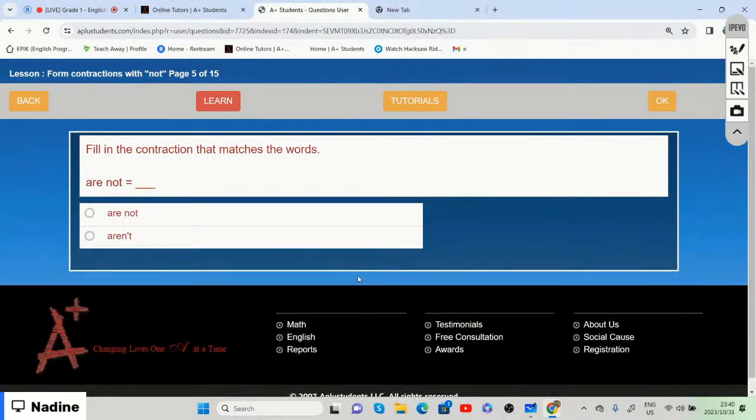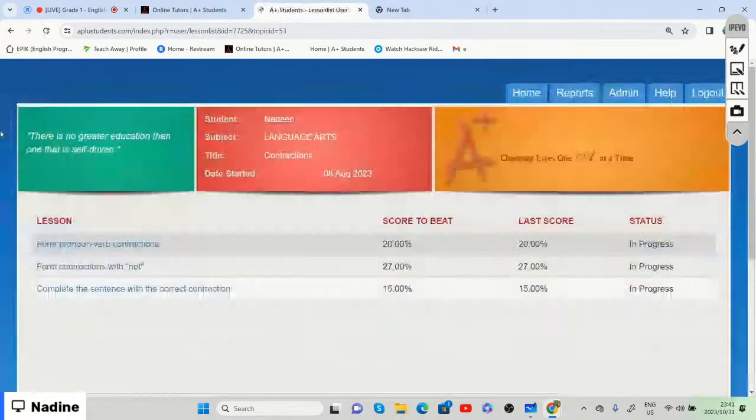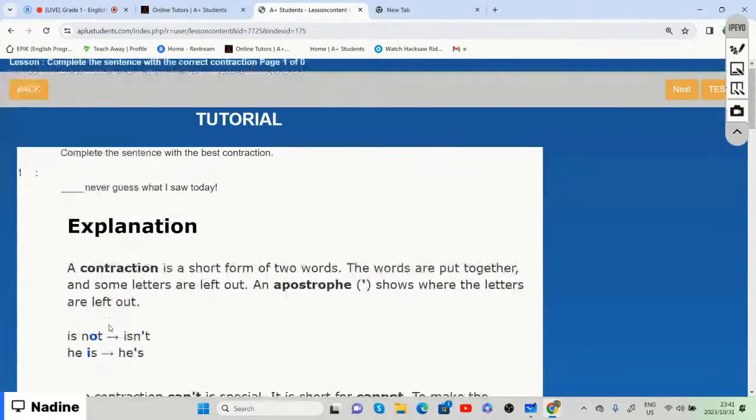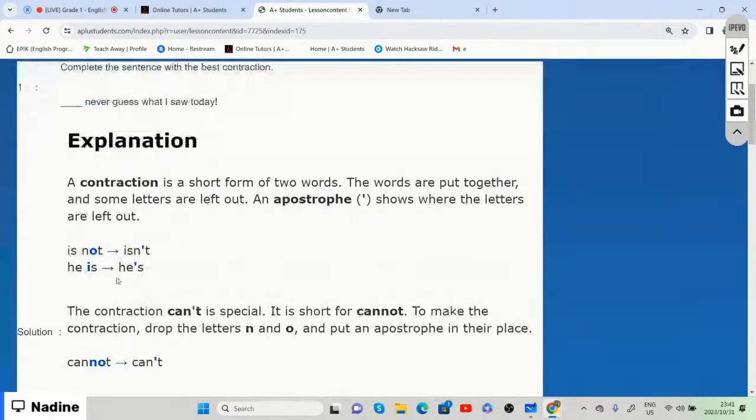Now we're going on to the last lesson, which is to complete the sentence with the correct contractions. A contraction is a short form of two words, which I mentioned.